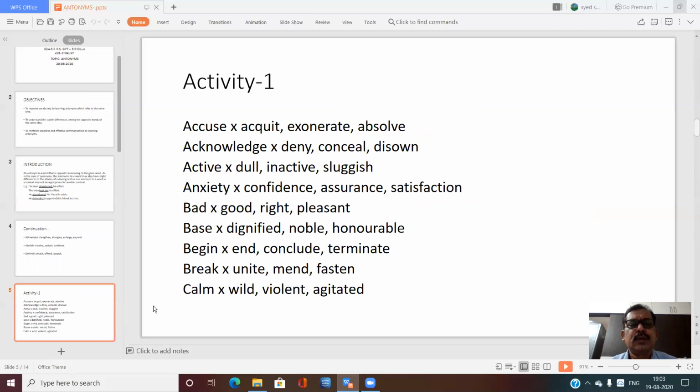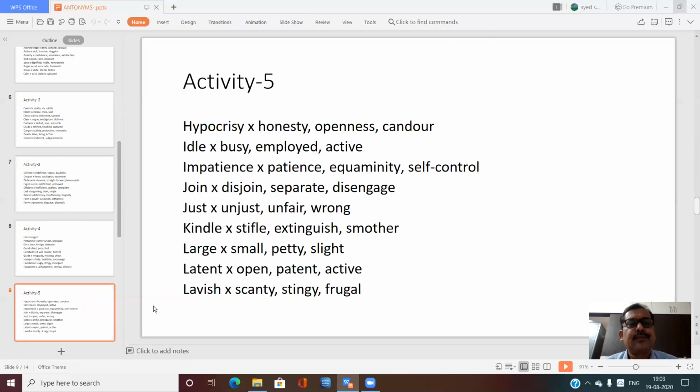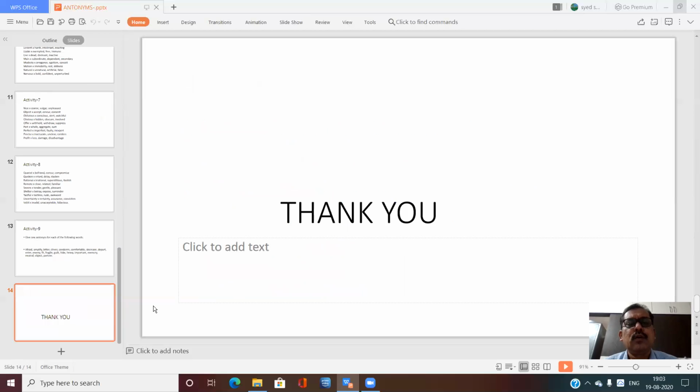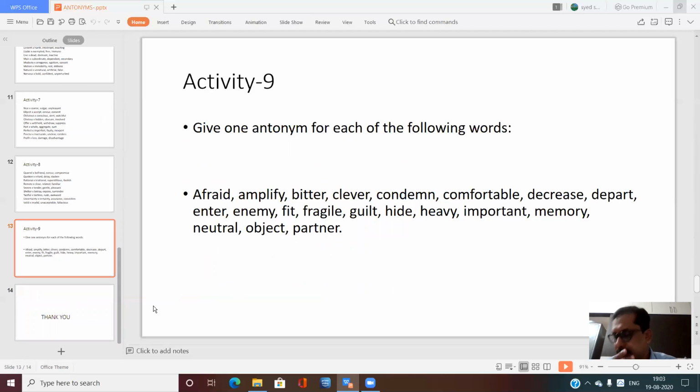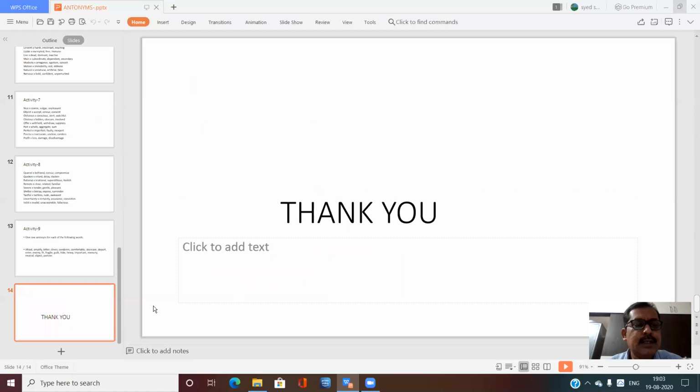Then we have a list of 75 antonyms, 75 words and their antonyms. And we have 3 activities, practicing sessions. So with this, we have completed the lesson.